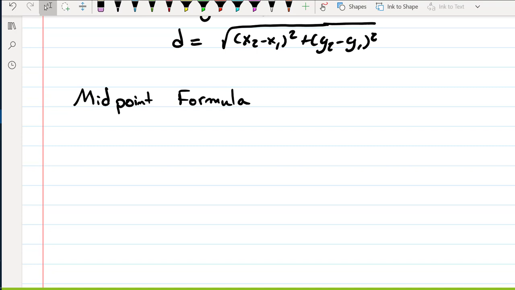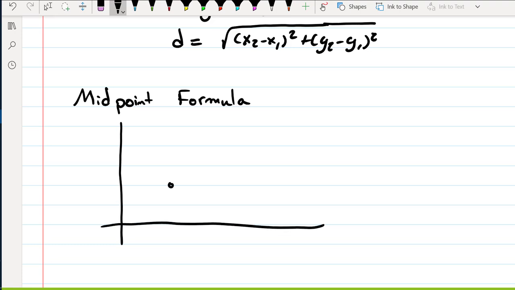So let's use the same type of reasoning that we were just using to determine the midpoint between two things. So once again, I'm going to have x1, y1, and x2, y2.